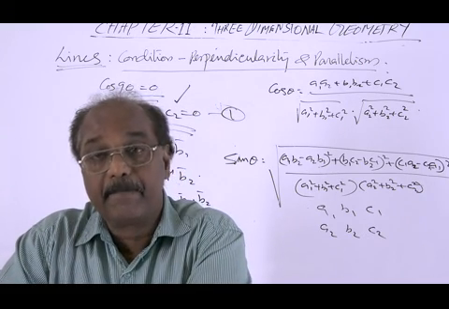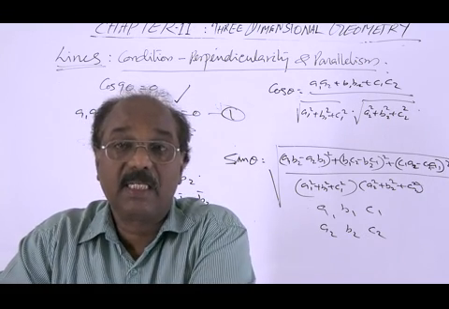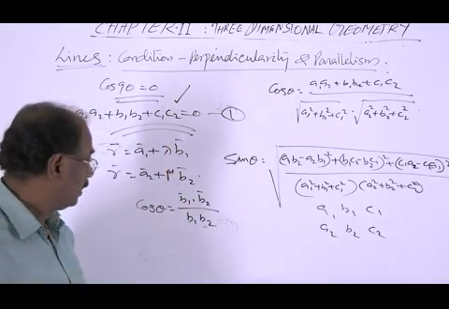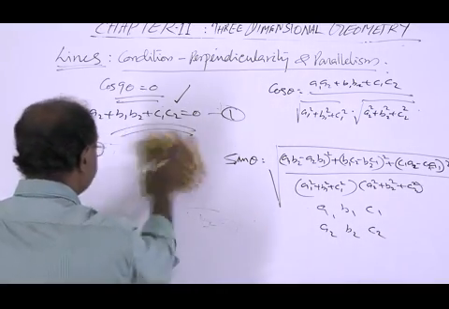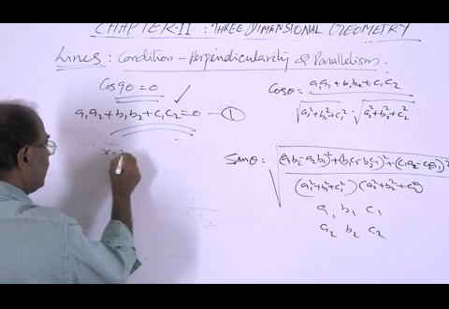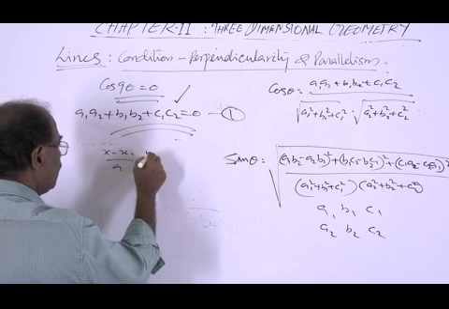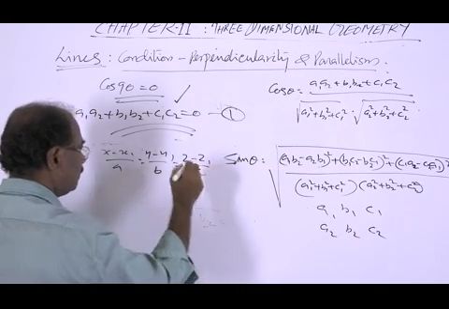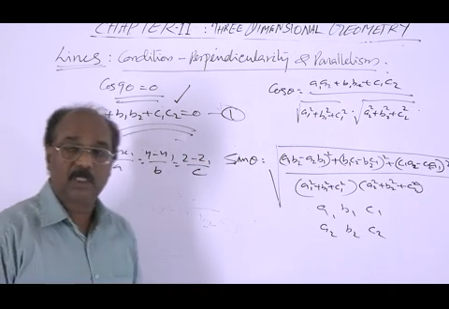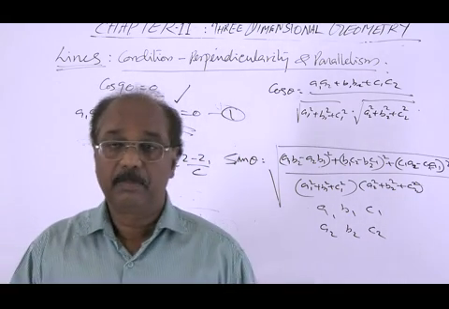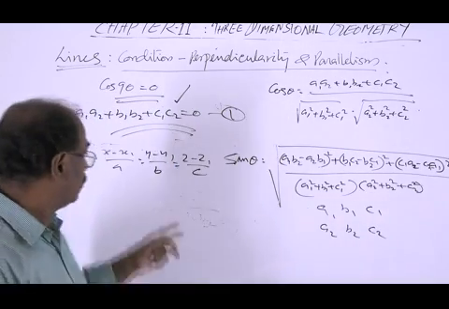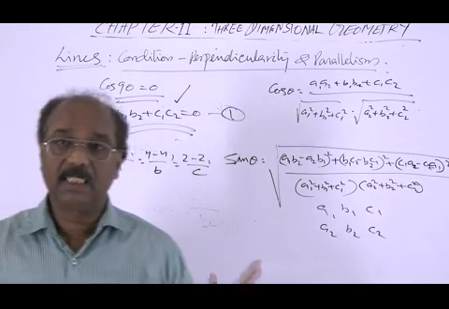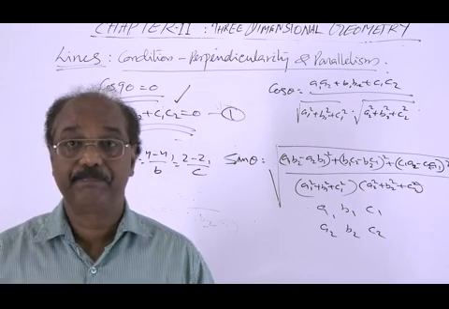And again, suppose the two lines are given in the Cartesian form. The Cartesian form is x minus x1 by a equal to y minus y1 by b equal to z minus z1 by c, the equation of the line passing through x1, y1, z1 and direction ratios a, b, c.